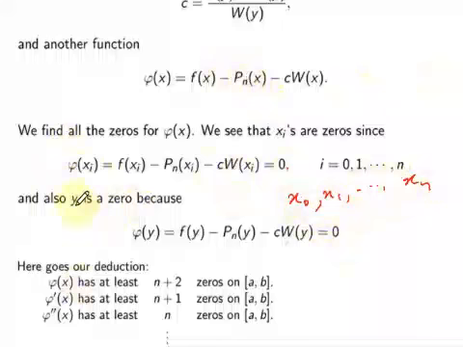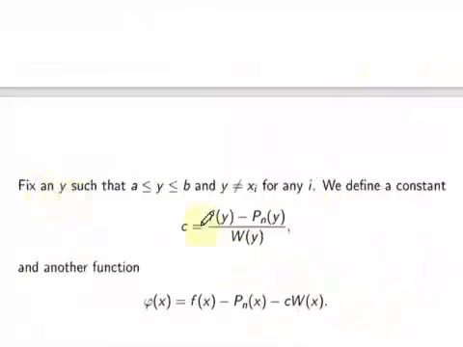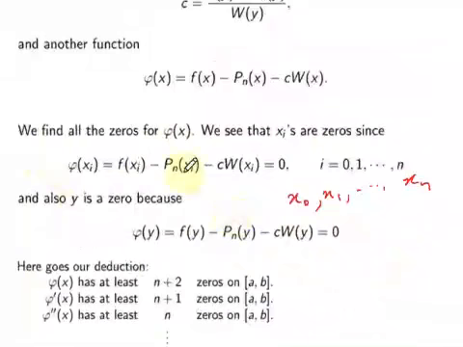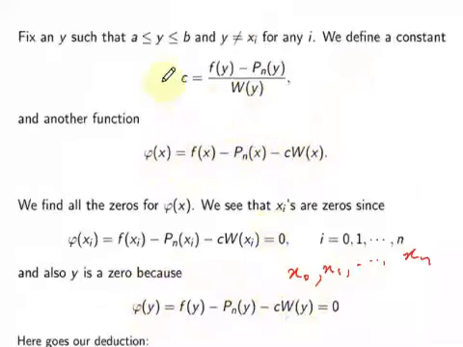Alright, so let's plug y into here, right? When you plug y in, we get f of y minus p sub n of y minus c times w of y, right? So what is the value of c times w? c times w of y is f of y minus p sub n of y. This one cancels with this, right?